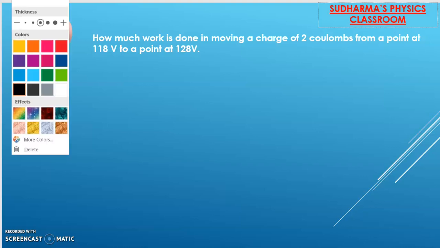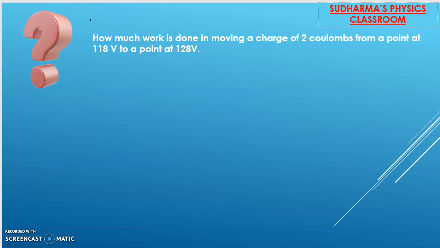Now let's do a question related to electric potential and potential difference. The question is, how much work is done in moving a charge of 2 coulombs from a point at 118 volt to a point at 128 volt. So here you can understand this is related to the potential difference concept.